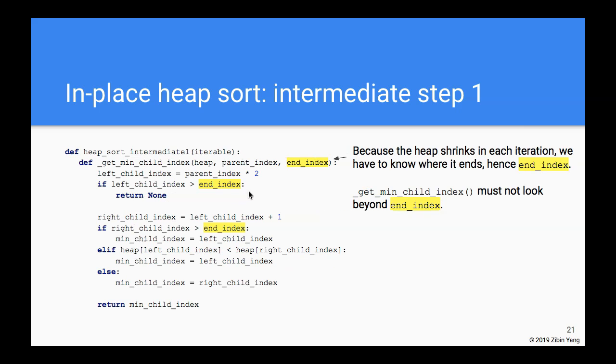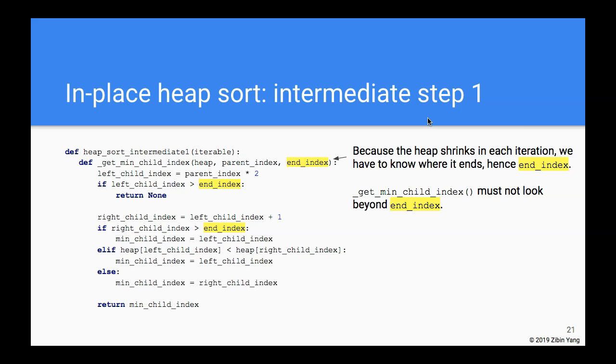And the same story applies in get min child index. We don't always look all the way to the end of the input. There's a definite end beyond which we should not look, and that's what the end index parameter to get min child index is for.